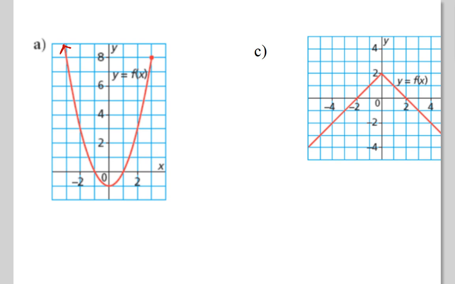That arrow means that that graph is going to go on forever. Same idea. So this arrow indicates that it's going to go on forever to the left and to the up.